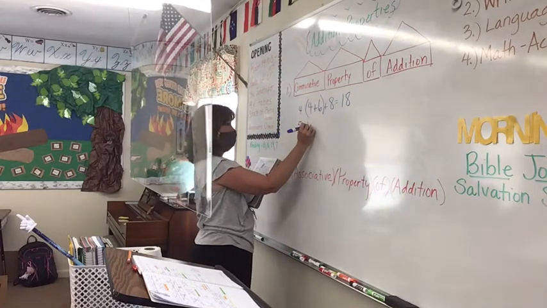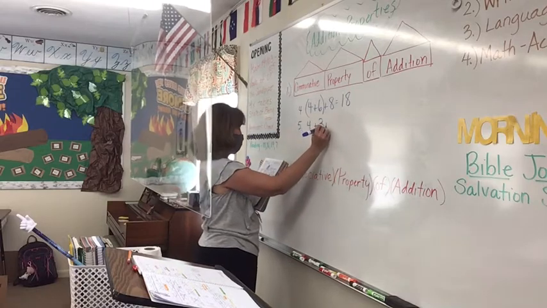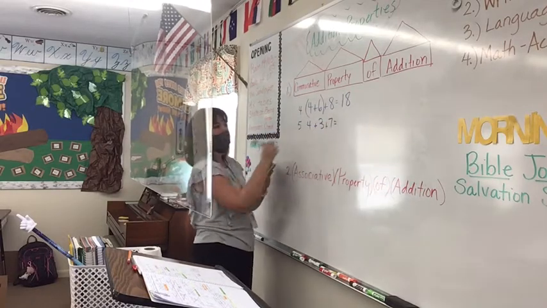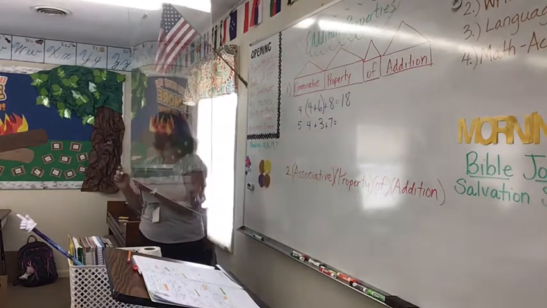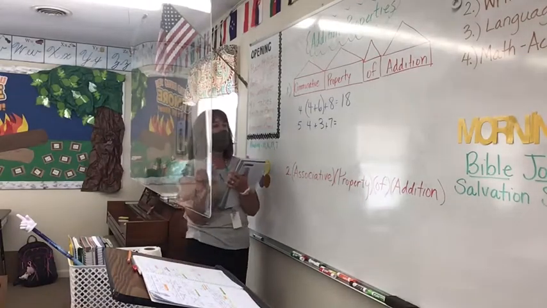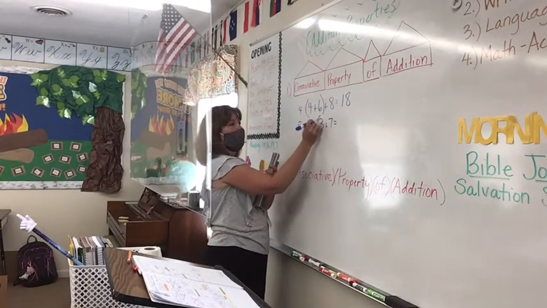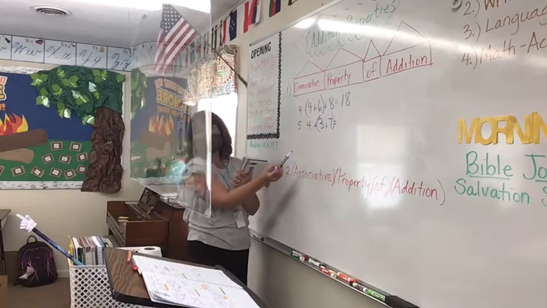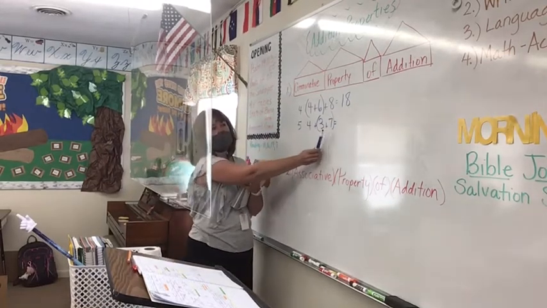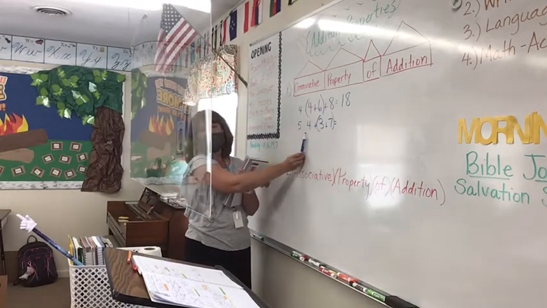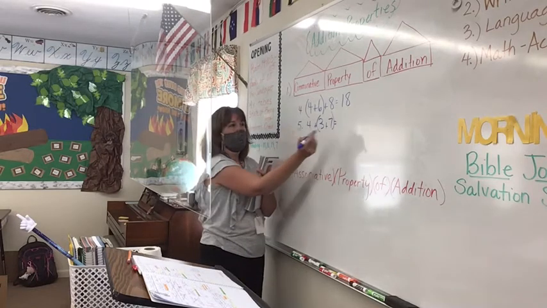We have 4 plus 3 plus 7. Okay, which two would equal 10? Autumn. Good. So we add those first. 3 plus 7 is 10, plus 4 is 14.